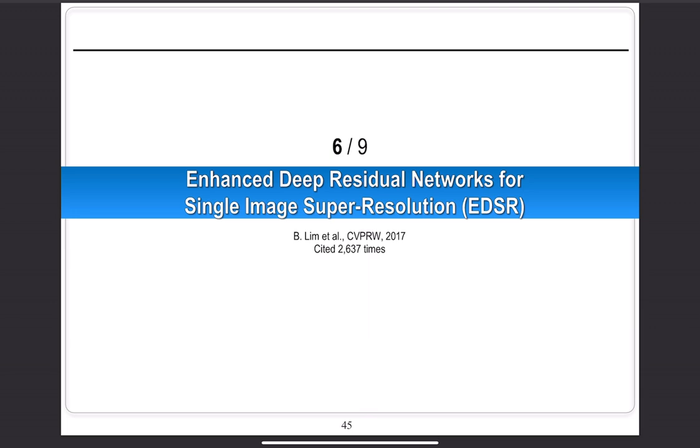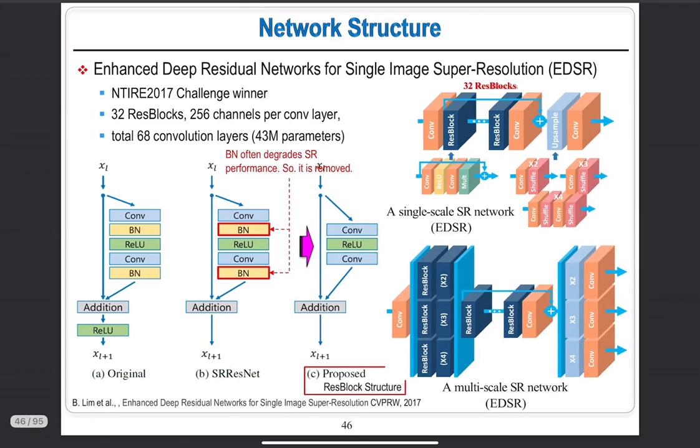And let's talk about EDSR and MDSR, presented by Lim at the CVPR Workshop 2017. EDSR stands for Enhanced Deep Super Resolution Network. This slide just shows the architecture of EDSR. It consists of 32 residual blocks, and each convolutional layer has 256 channels.